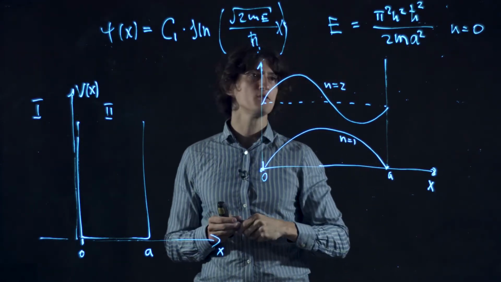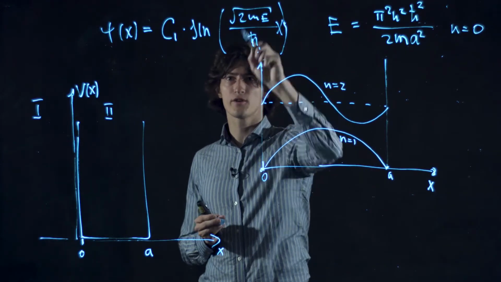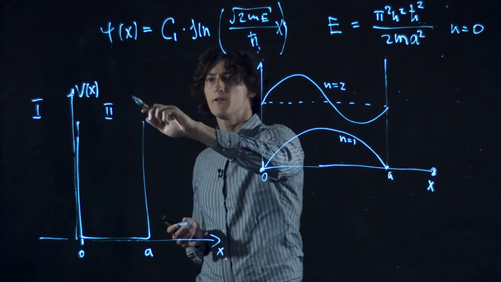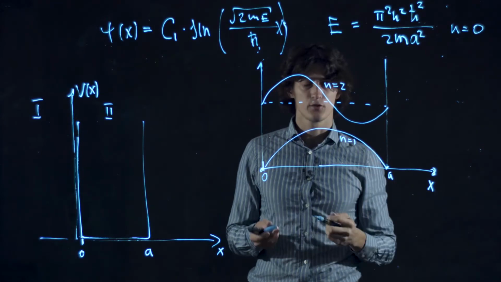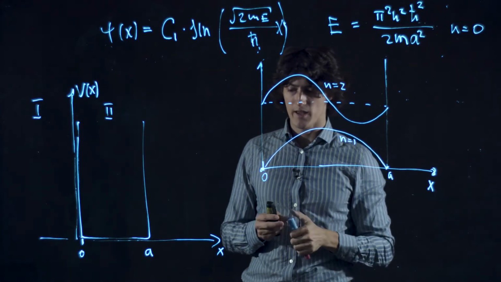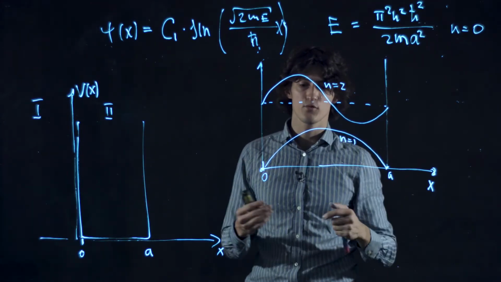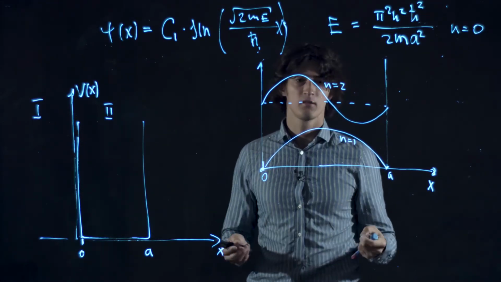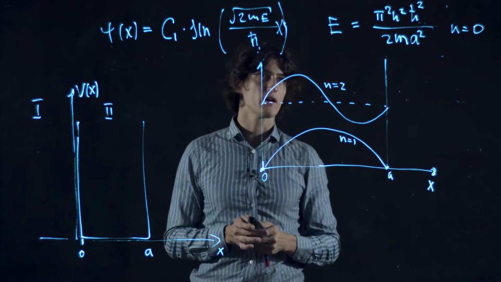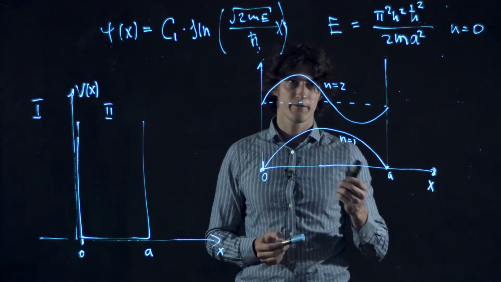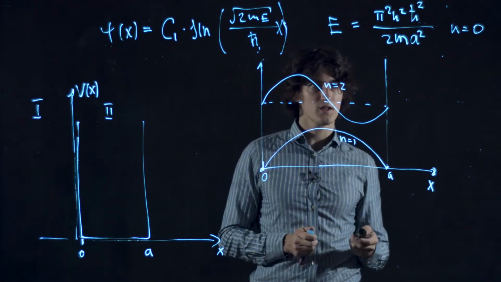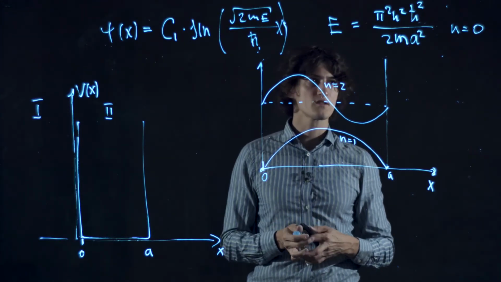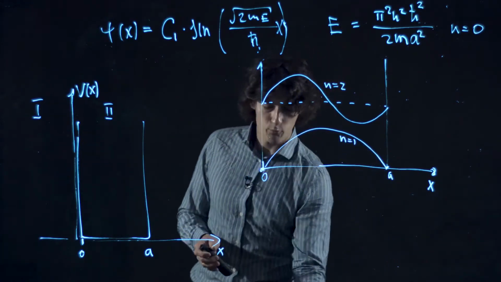But if we then substitute this energy into the wave function, we will see that the wave function is identically 0, which means that there is no possibility to find the particle inside the box. So there is no particle in the box. That is why this solution is named trivial. And the ground state corresponds to the first non-trivial solution, which is n equal 1.